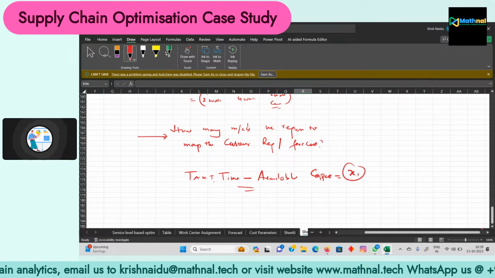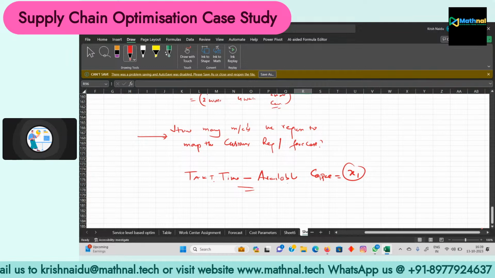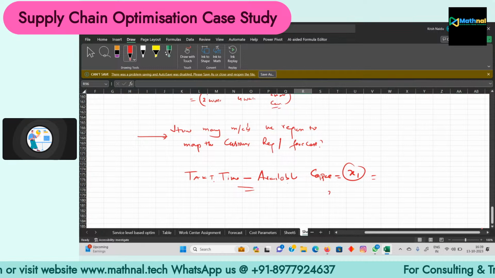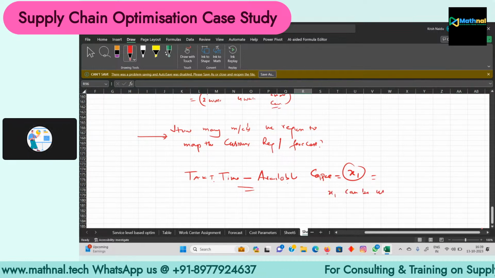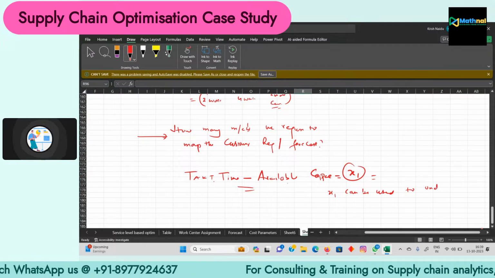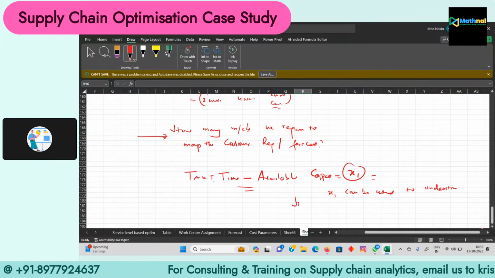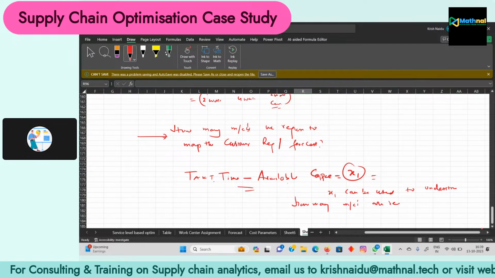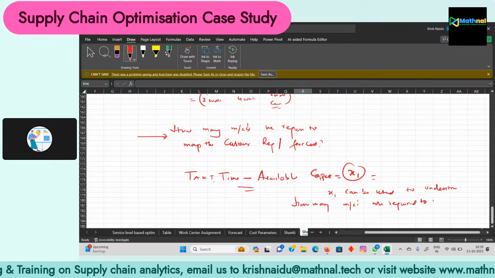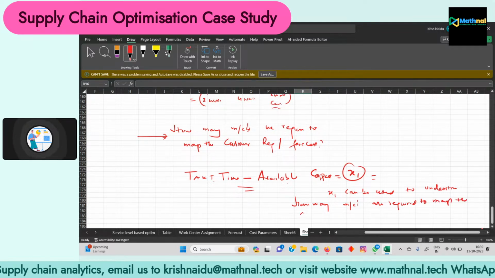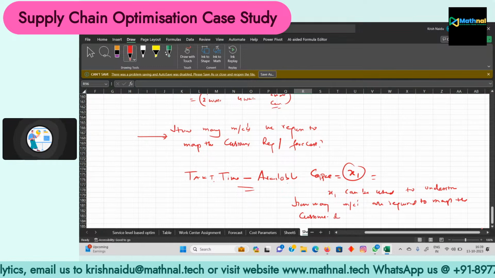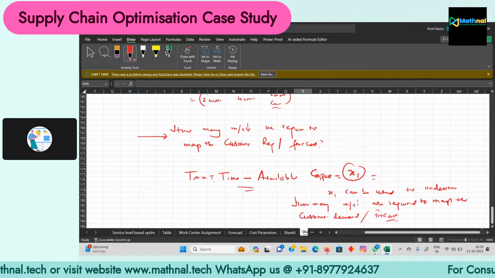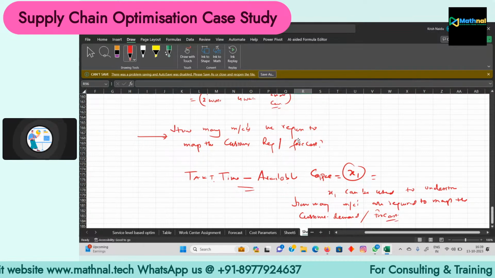So how many machines are required to bridge the gap? This X1 can be used to understand how many machines are required to map the customer demand so that we are not falling short of the requirement. So this is another metric which we need to think about.